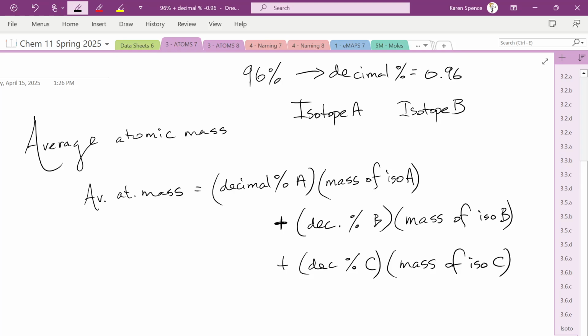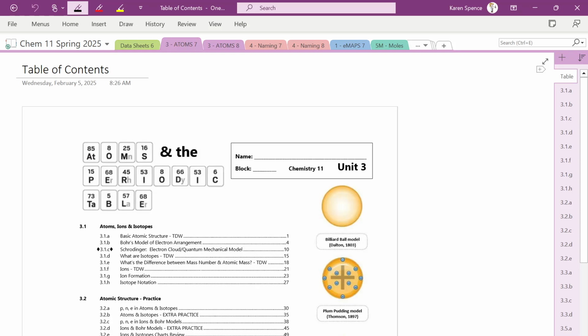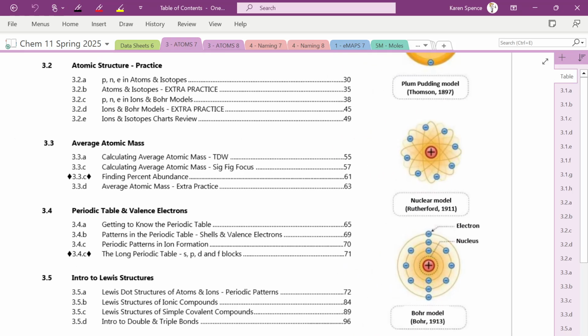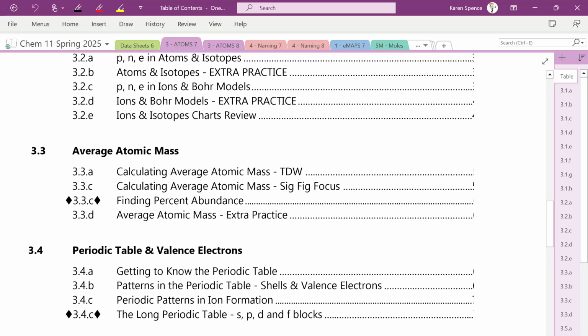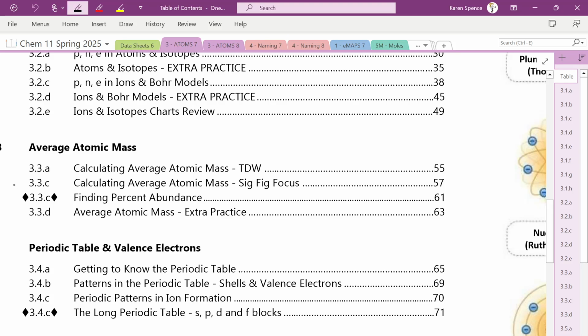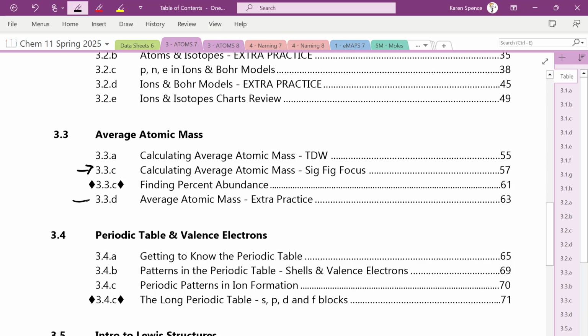So extra practice on that would be, let me find the page here for you. Table of contents, average atomic mass. So there are some questions in section 3.3C and 3.3D. Okay? If you're interested in the enriched stuff, that's 3.3C, but that is optional.